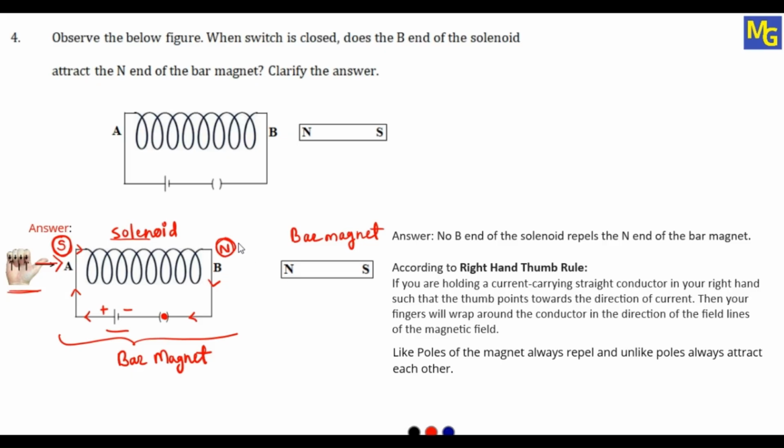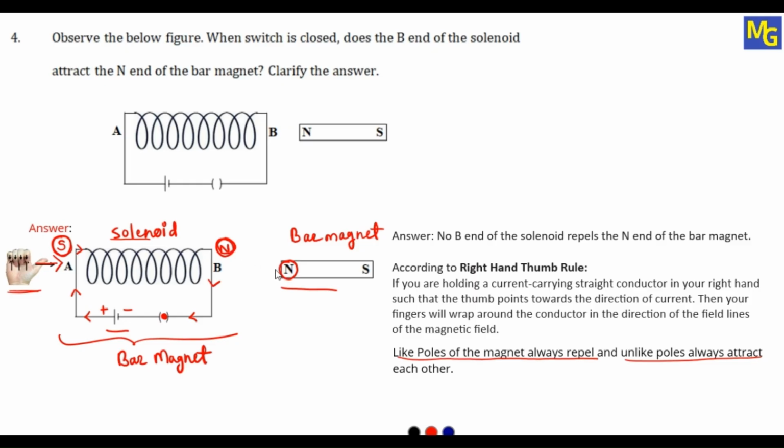Now in such a condition, if we bring this bar magnet near this solenoid, what happens? You can see this is the north pole of the solenoid and this is the north pole of the bar magnet. We have already studied in lower standards that like poles of magnets always repel and unlike poles always attract. These are both like poles, north and north.